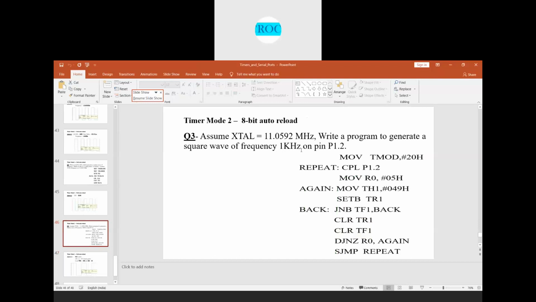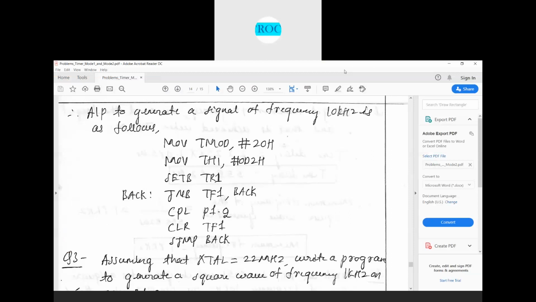Now how do you do this one? We know that with the initial count of 00H in the higher byte register, we can get the minimum frequency as 1.8 kilohertz there, right? Now how do you generate a frequency which is less than 1.8? Here we need to generate 1 kilohertz.